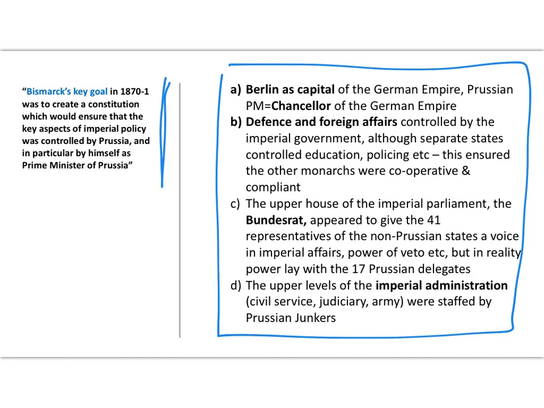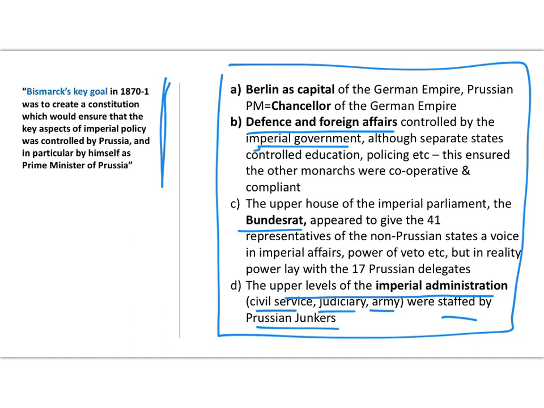Germany. So you develop the points: Berlin being the capital, the Prussian Prime Minister being the Chancellor, the way the constitution was structured so that defence and foreign affairs were controlled by the imperial government, not by the state governments, the Bundesrat, the upper levels of the imperial administration, the civil service, the judiciary and the army were staffed by Prussian Junkers.